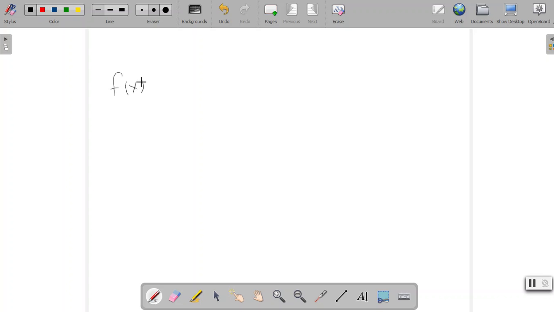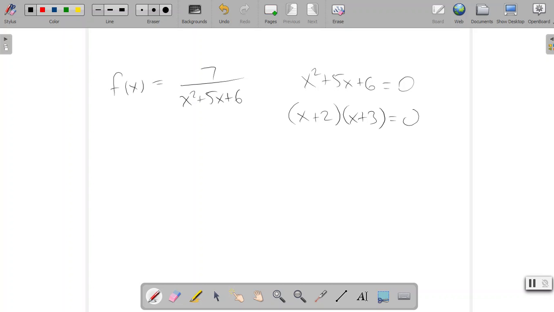Suppose you have f(x) equals 7 over x squared plus 5x plus 6, which hopefully you recognize, when you set that denominator equal to 0, is just a simple quadratic. Reverse FOIL. So we factor it, and I'm not even going to comment on that at this point. I hope you're comfortable with this by now.